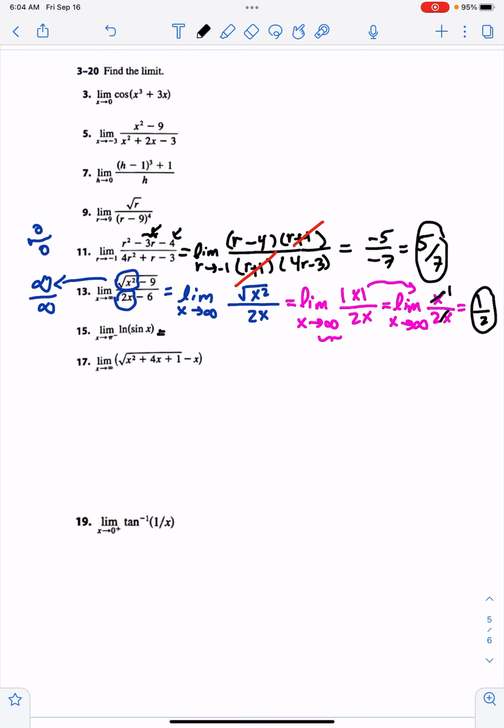So sine of pi a little bit less. So limit, but let me just replace it. I would have ln of sine of x, but now x is pi a little bit less.